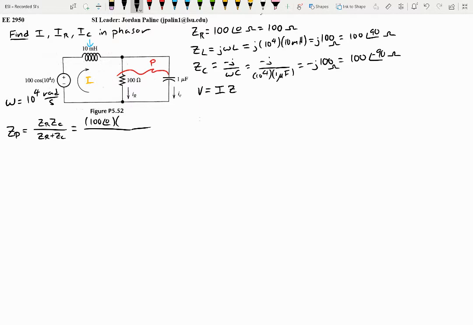As we're multiplying and dividing, we want to use the phasor for that. ZC was 100 angle negative 90 degrees. ZR, we're adding in the bottom, so let's use rectangular: 100 plus negative J 100.